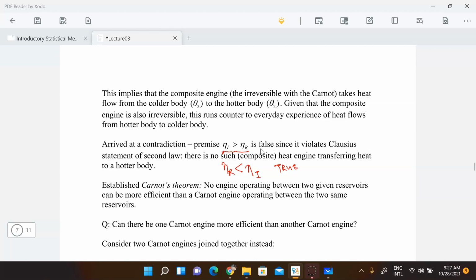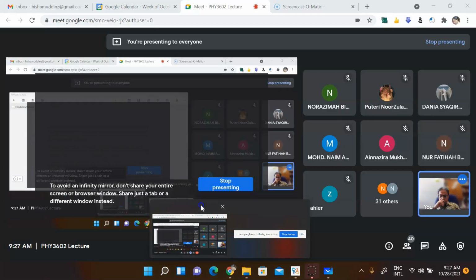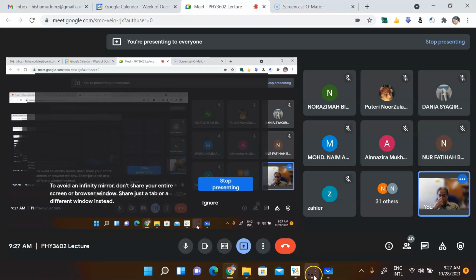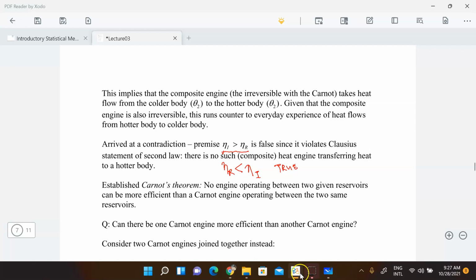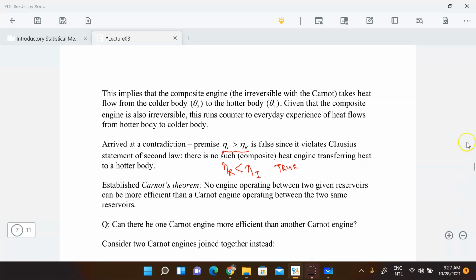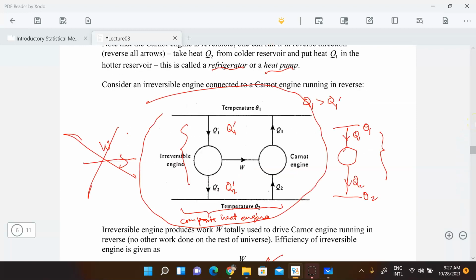One could simply ask, can there be two different Carnot engines, one being more efficient than another? What's going to happen? Well, we can do the same kind of picture again, like the one before.